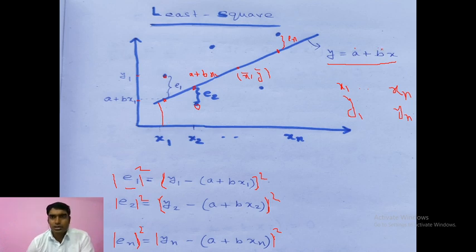If we find b, then I can write down the equation of this straight line: y minus y bar equals b into x minus x bar. Because I already know that x bar y bar, the mean of x and y, lies on the straight line, I only need to find b to get the equation of the straight line.